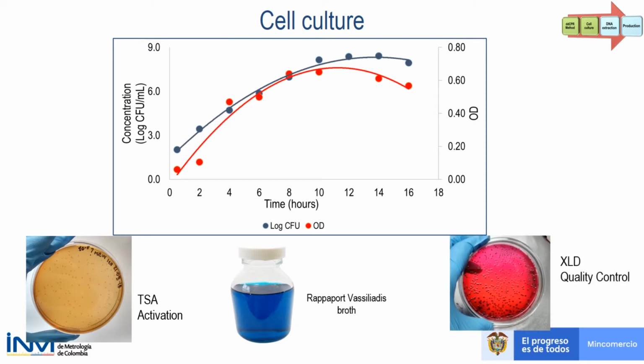An XLD agar was used as a quality control in order to guarantee the identity of the Salmonella strain. The figure presents the cell growth kinetics, counting colony-forming units and measuring optical density. From there, 10 hours were selected because the stationary phase begins, with an approximate concentration of 1.4 to 8 CFU per milliliter, to stop the cell culture growth and to extract the DNA.